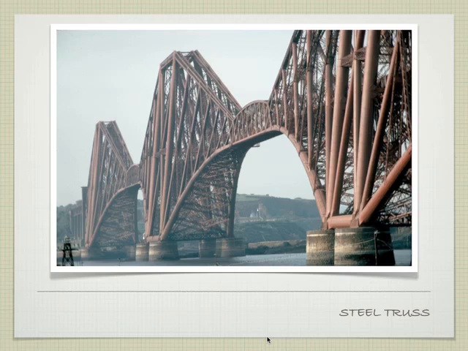Instead of having a solid piece of steel in here, we substitute elements that keep the top chord and the bottom chord separate from one another. So for example, let's say I put a couple of pieces in like this. They keep the top and the bottom chords separate, so theoretically they're working.